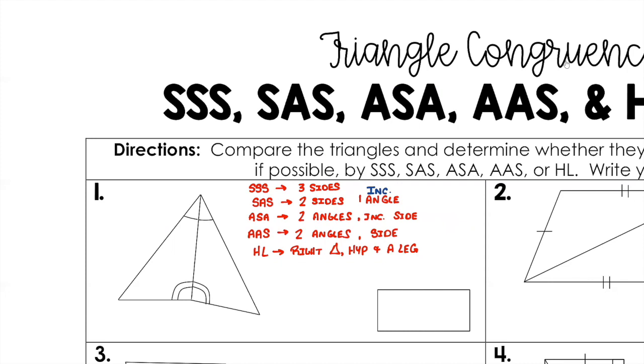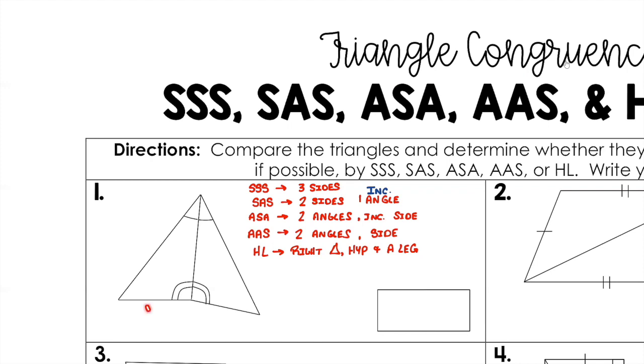We can always assume vertical angles are congruent, and if I see parallel lines, which three angle relationships do I need to think of? Alternate interior, corresponding, alternate exterior. So when we're doing these, look for one of those three, because that's probably where it's going to be hiding.